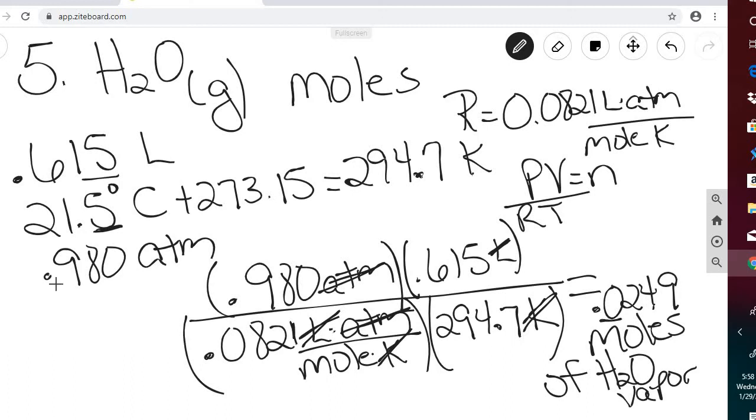That's not a significant figure, so 0.0249 moles gives us the correct number of significant figures. Okay, so that's number 5.